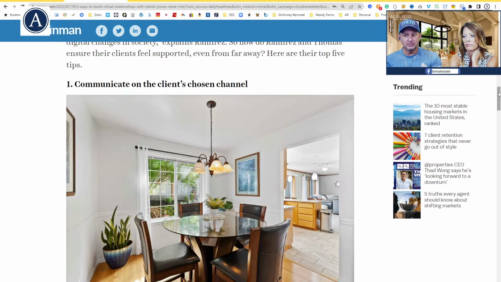Yeah, because people are different. It's funny that you think the younger generation likes text, but we have young clients right now in their 20s who prefer a phone call. They're like, I really don't understand this process of buying.